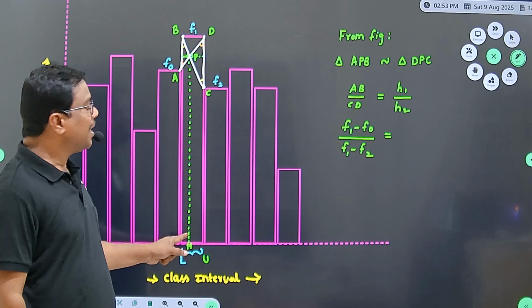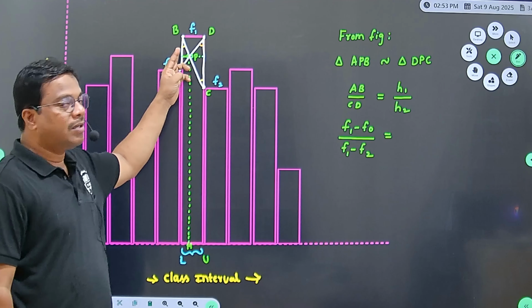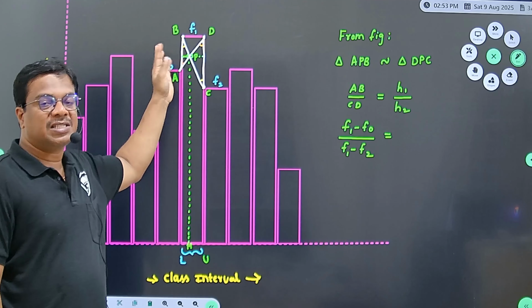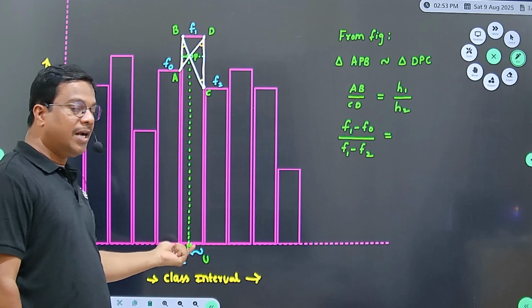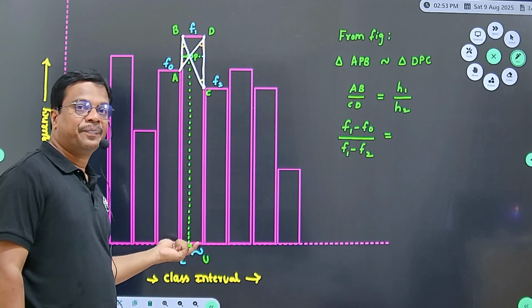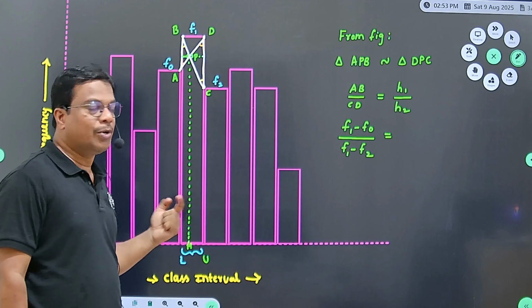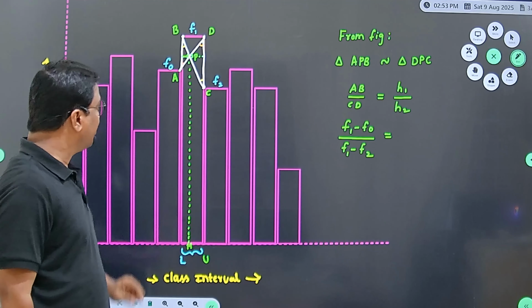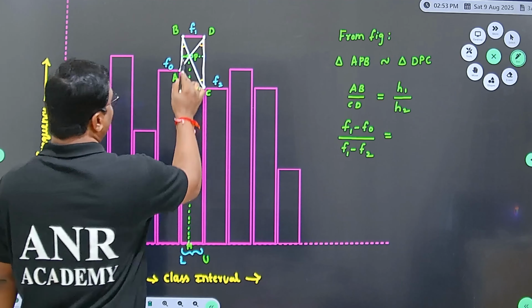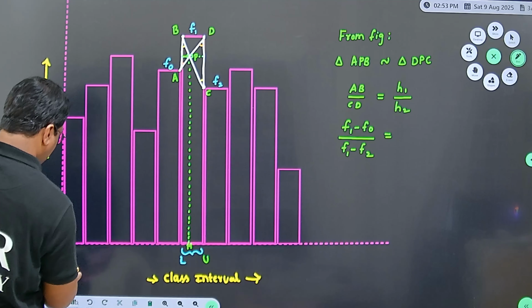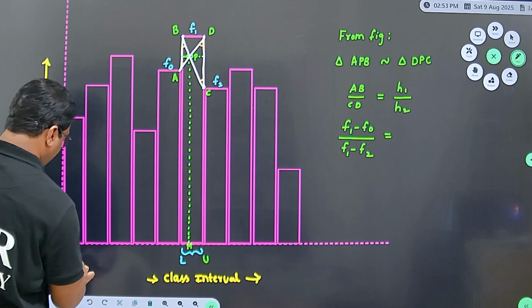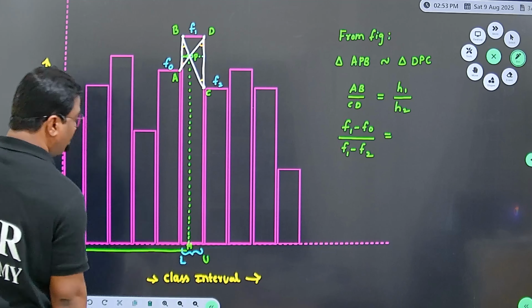Mode depends upon the succeeding frequency as well as the preceding frequency, and also upon the maximum frequency of the modal class. So here it is mode, and I can write the height since it originates from the result mode.